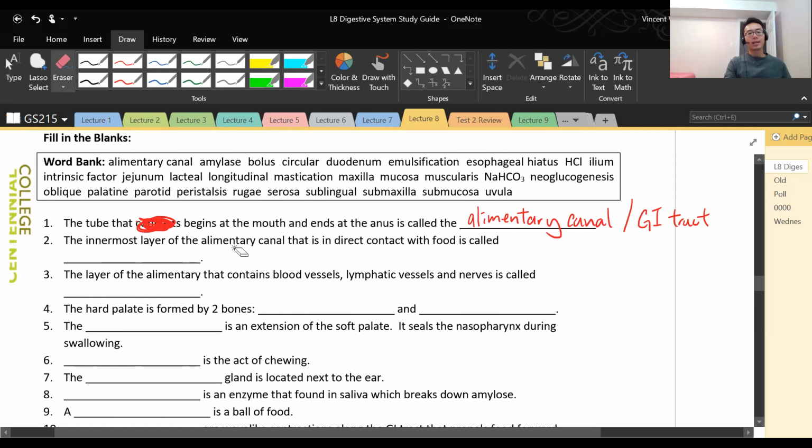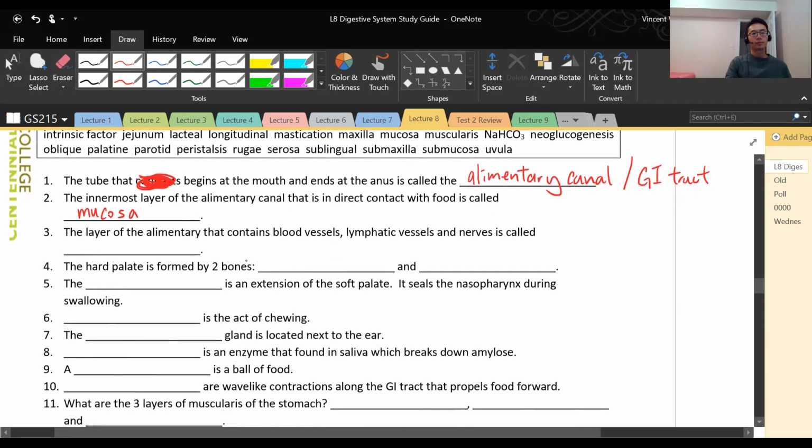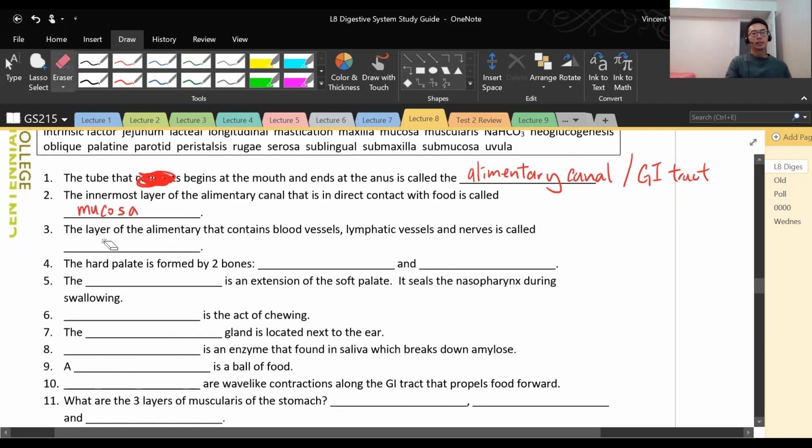The innermost layer of the alimentary canal that is in direct contact with the food is the mucosa. Mucosa. The layer of the alimentary canal that contains blood vessels, lymphatic vessels, and nerves is called the submucosa.